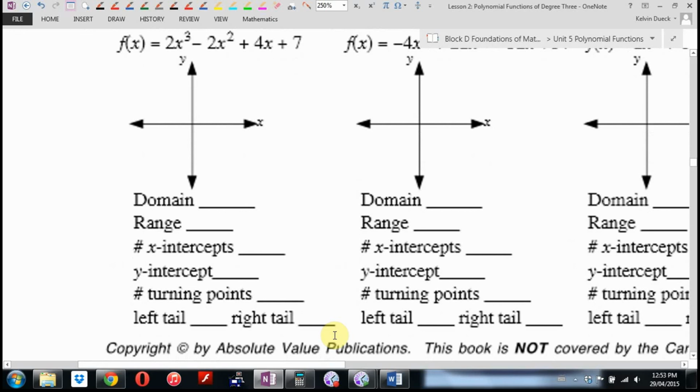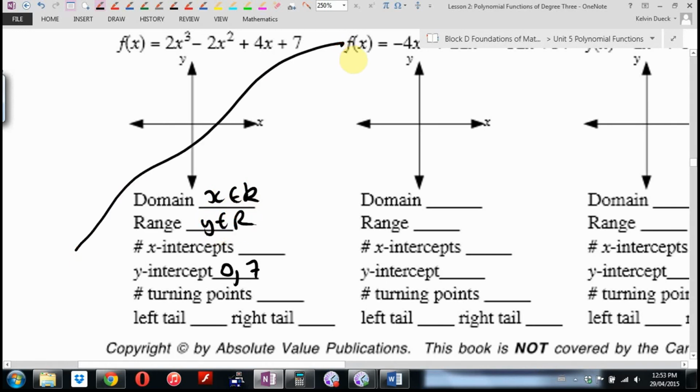Okay. Before we graph this next one, what can we say? What's the y-intercept? I can tell you that. Oh, what's the domain? All reals. What's the range? Is this graph going to go this way, uphill, or this way, downhill?